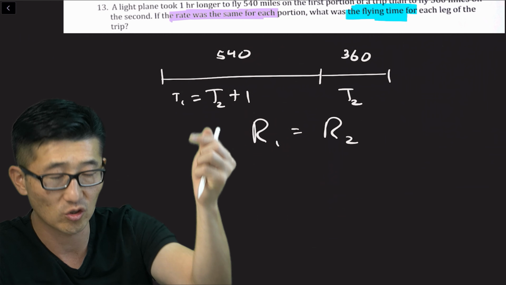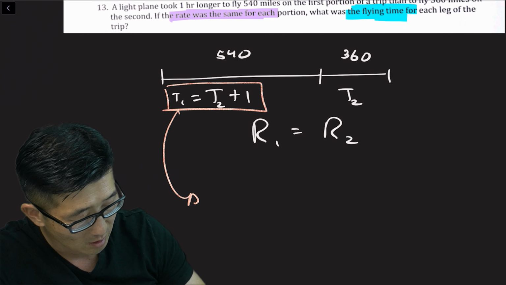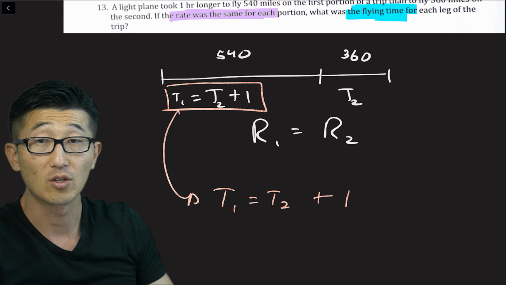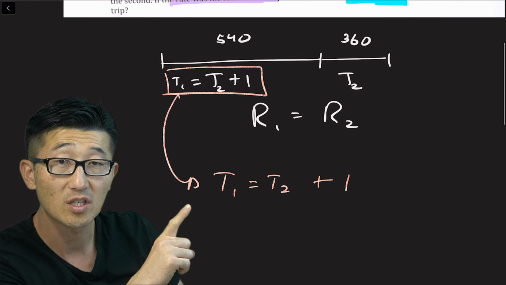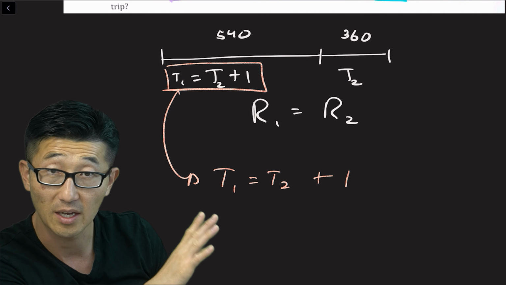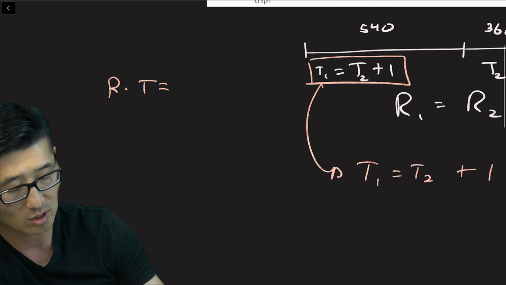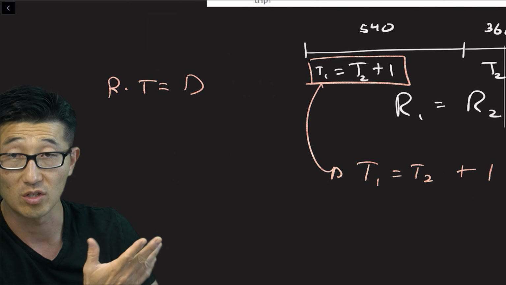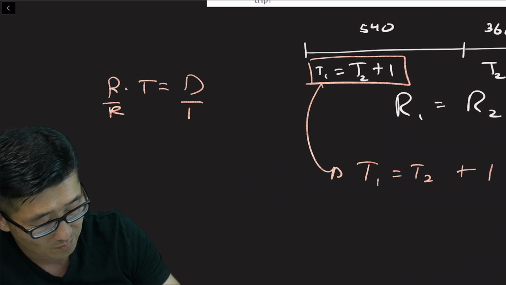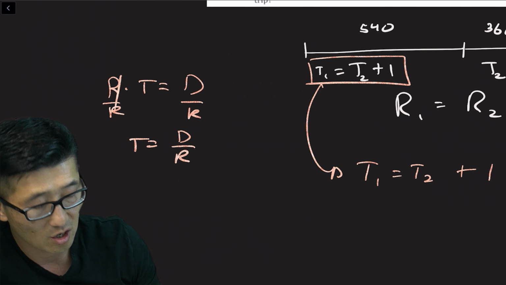I'm going to take this equation right here, and I'm going to say, okay, I don't know the time for each, but I know some other information. So I'm going to convert this equation with d over r. Okay, again, what is t equal to? Let me just rewrite it for you. So we have r times t equals d. You divide both sides by r, like this, and now you have t equals d over r.